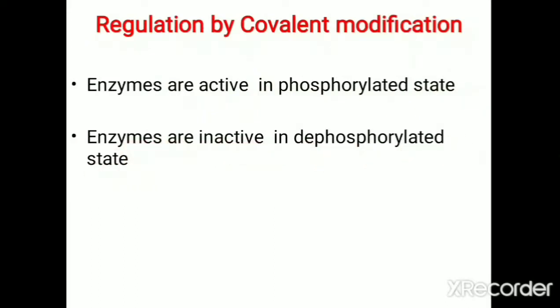In case of glycolysis, all glycolytic enzymes are active under the influence of insulin, and those enzymes are active in the dephosphorylated state. But in case of gluconeogenesis, these enzymes are inactive in the presence of insulin, so they are active in the phosphorylated state. That's all regarding regulation by covalent modification.